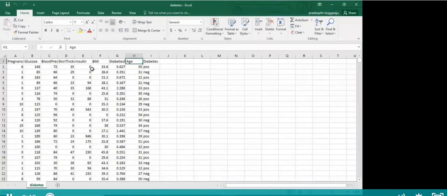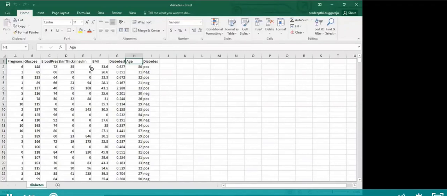This is the data set of pregnant women patients, and it tells whether the person is having diabetes or not. Predicting diabetes during pregnancy is very crucial, guys, because once diabetes sets in during pregnancy, that will be a lifetime problem for a woman.